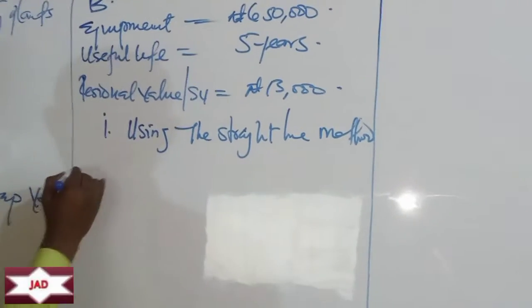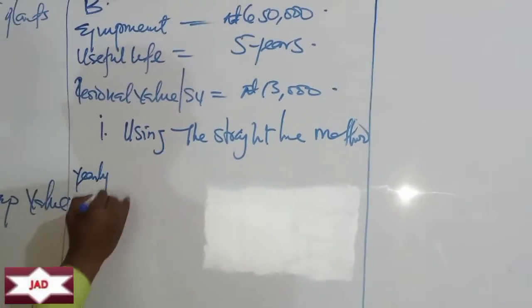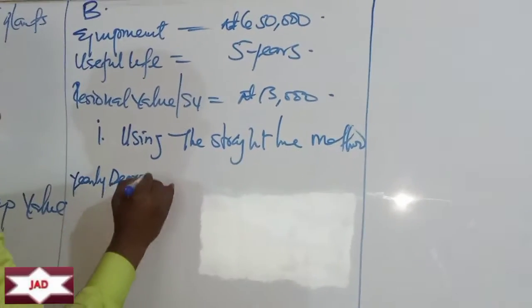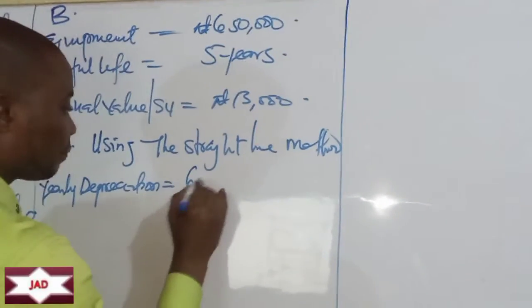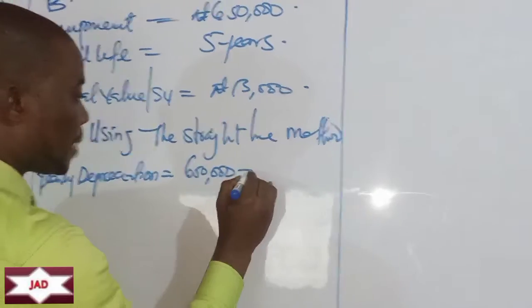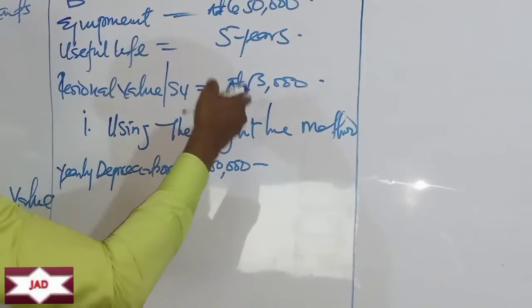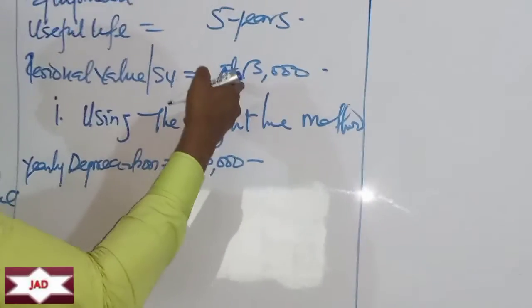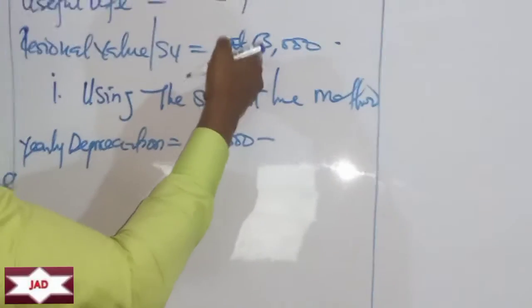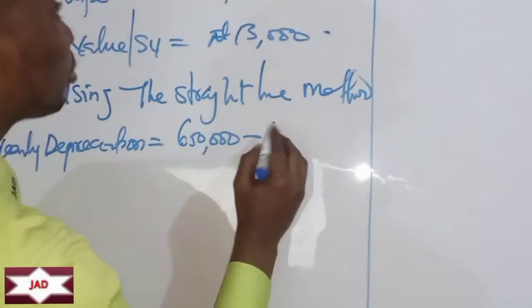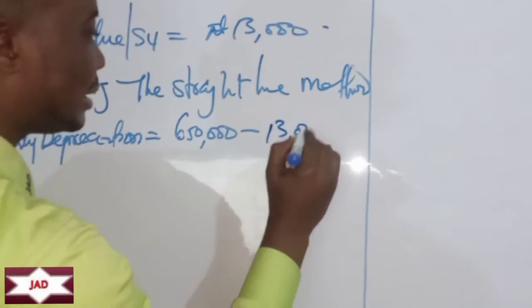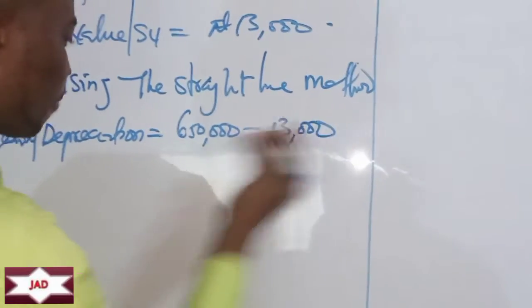So that means yearly depreciation will be equal to what? What's the cost? 650,000 minus the scrap value. That means at the end of the 5th year, we expect the value of the asset to be 13,000. So we say 650,000 minus 13,000.